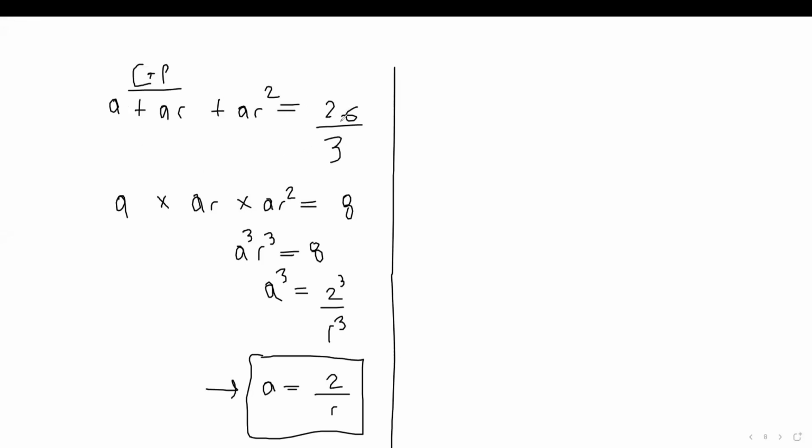I get A as 2 over R, plus A times R, 2 over R times R, that's just 2, plus A times R squared, that's 2R, and that is equal to 26 over 3, which is 13 over 3 after dividing.